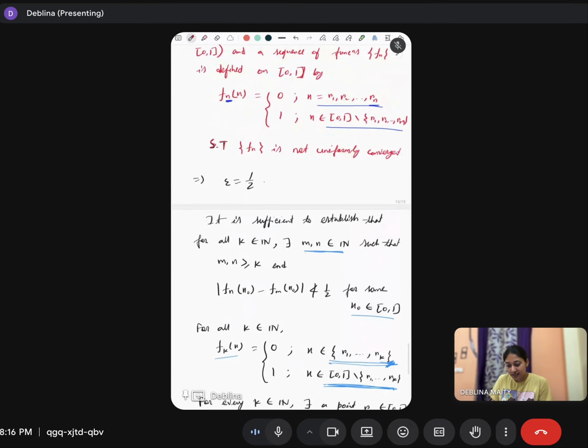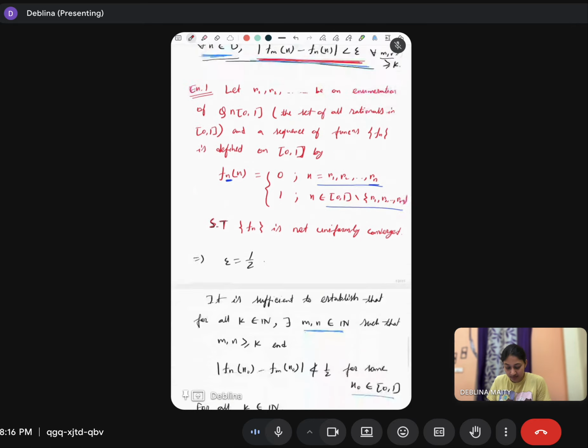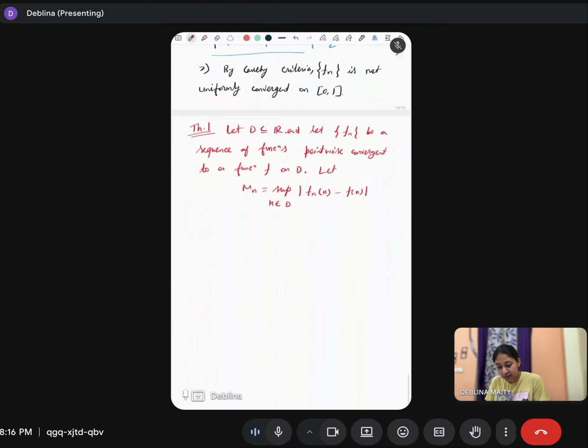So what we were seeing earlier is that this difference is less than some number, right? Now we are taking the supremum of modulus of fn(x) minus f(x) in the whole domain. Then we'll say that fn converges to f uniformly if and only if the limit as n tends to infinity of Mn is 0.